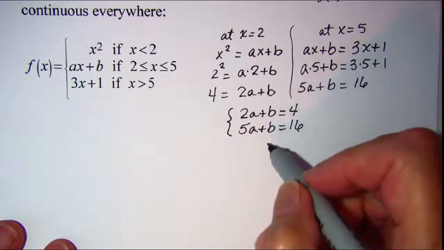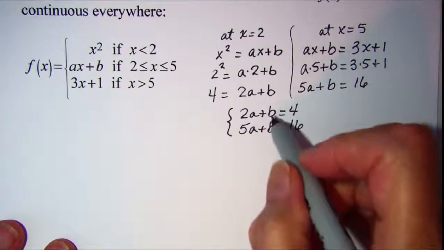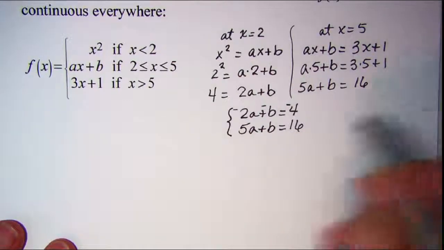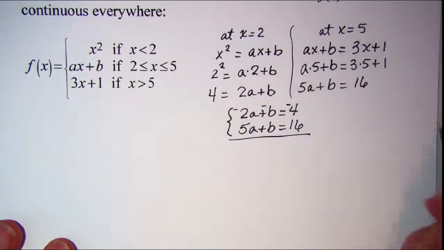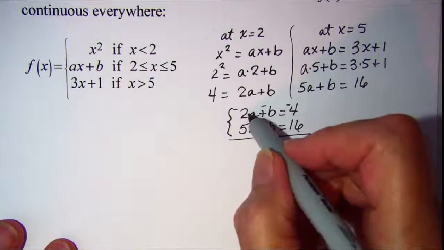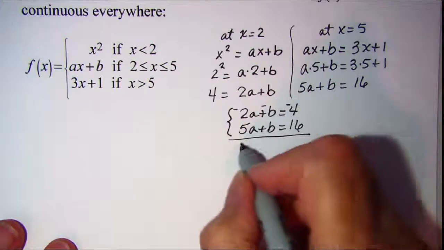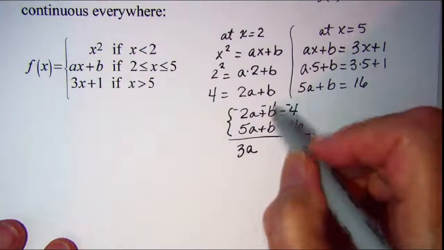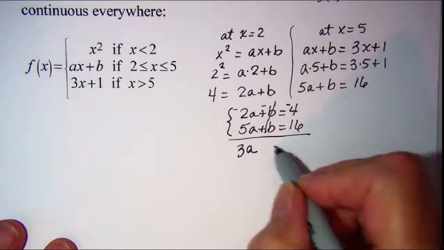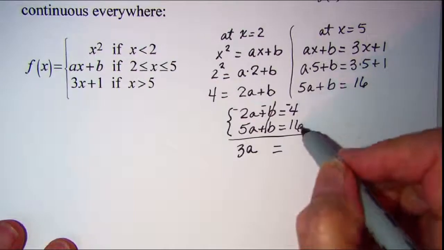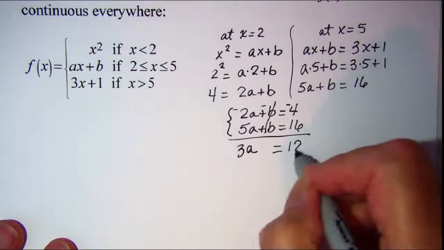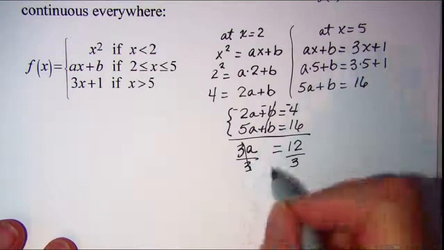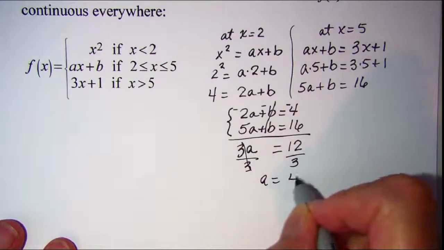I'm going to use elimination and eliminate the b's here, so I'll run a negative through this top equation and add the two equations together. Negative 2a plus 5a is 3a, and then negative b and positive b cancel off, and then equals negative 4 plus 16 is 12. Divide both sides by 3, and a is equal to 4.